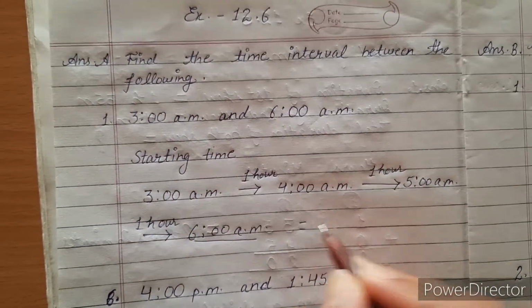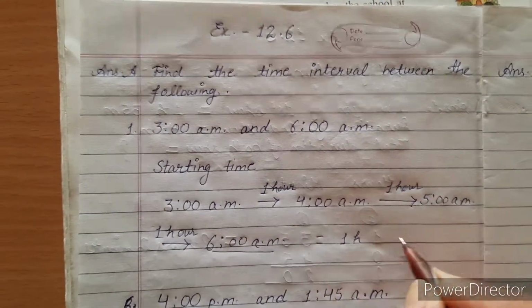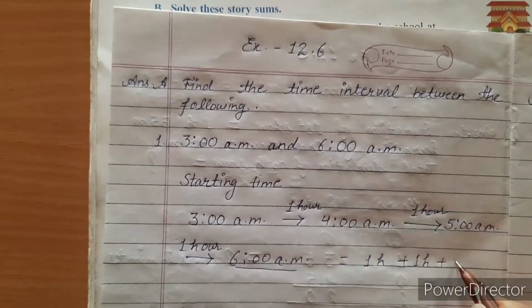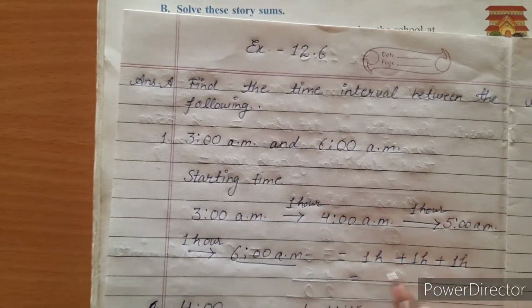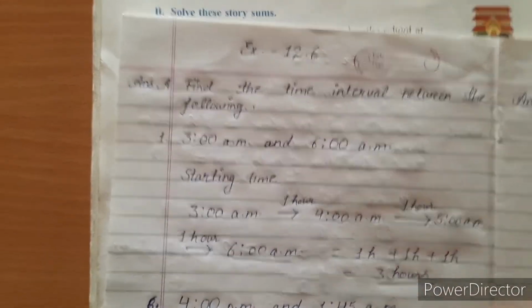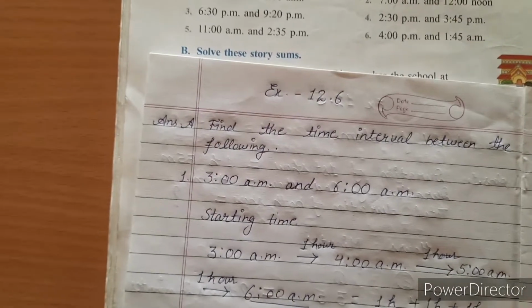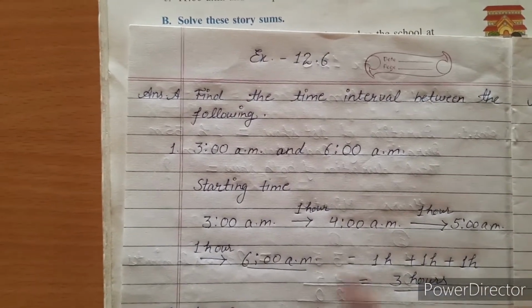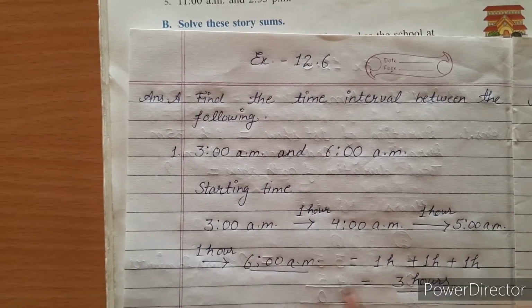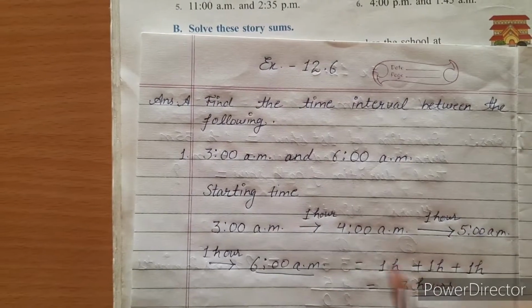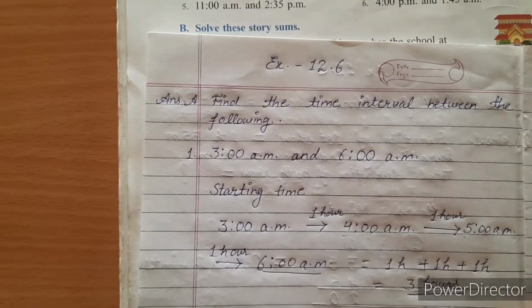So how to write down the time? 1 hour, 1 hour, again 1 hour, and it is 3 hours. In this way we have to find the answer, and this is the correct way to give the answer. You have to write down the timing, then move to the next complete hour, not an incomplete hour. We have to move on to the complete hour only.